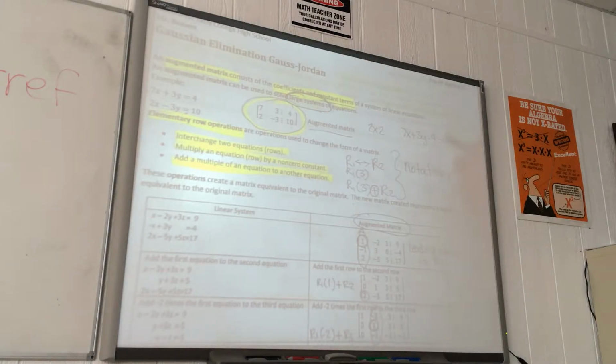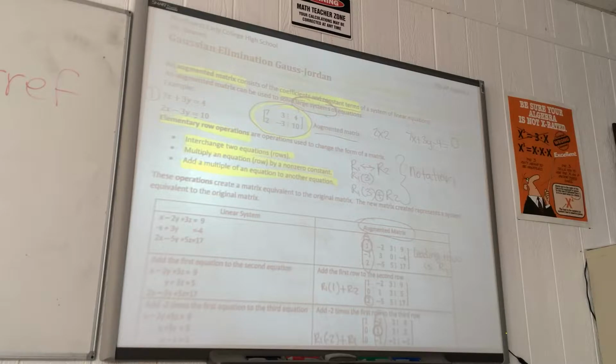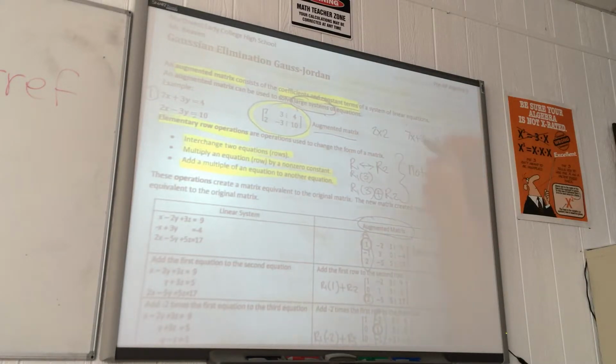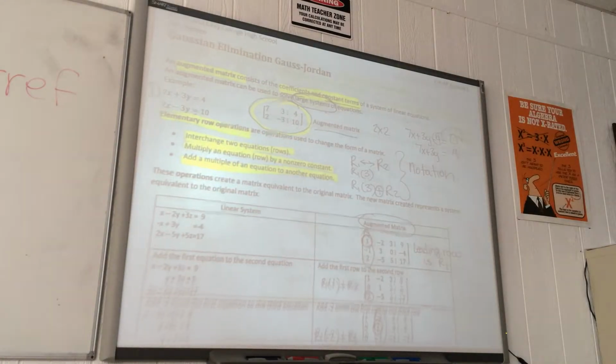Okay, so what we will have to do is change it so that the coefficients are on the left of the equal sign. And in this case, the coefficients with the variables are on the left and the constant term is on the right. So I will have to transform this one by adding 4 to both sides, or by just taking this one across. It is subtracting, so if you take it across, it will be adding, so that will turn into positive 4. So yes, that's a great question.